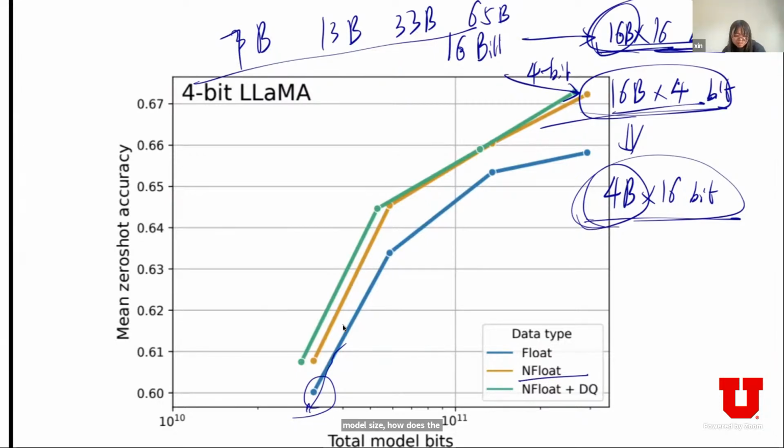And the yellow line and green line show that after quantization, if you occupy this much model size, how will it perform. There are different sizes of models, with different numbers of parameters in the original model.